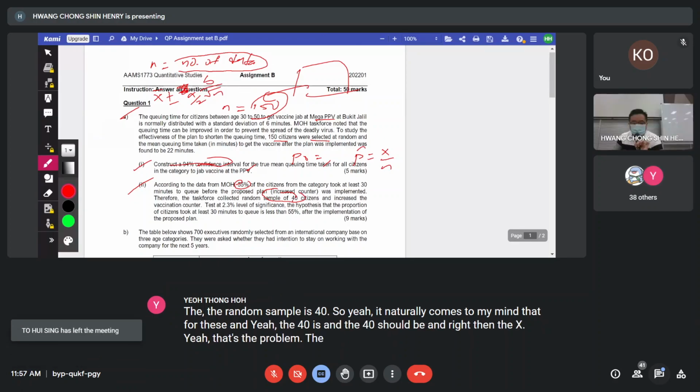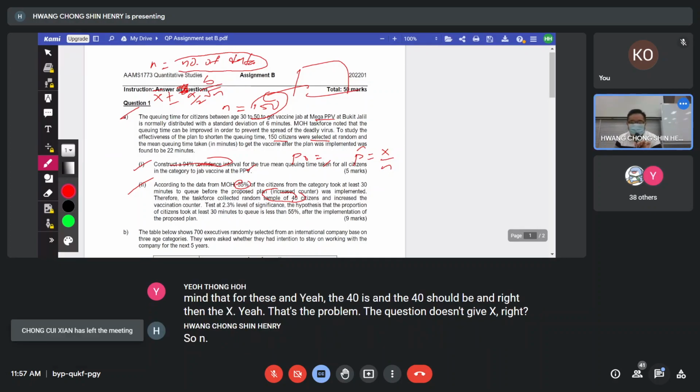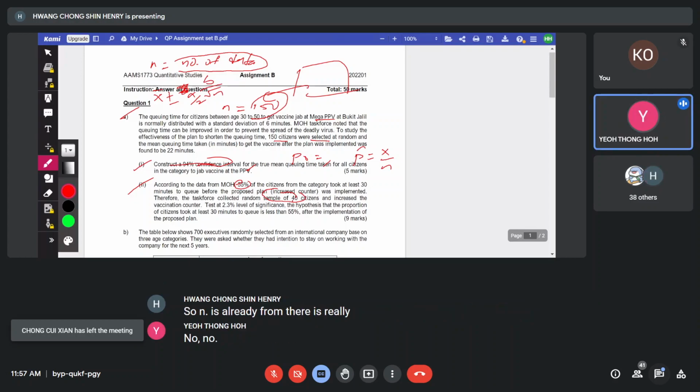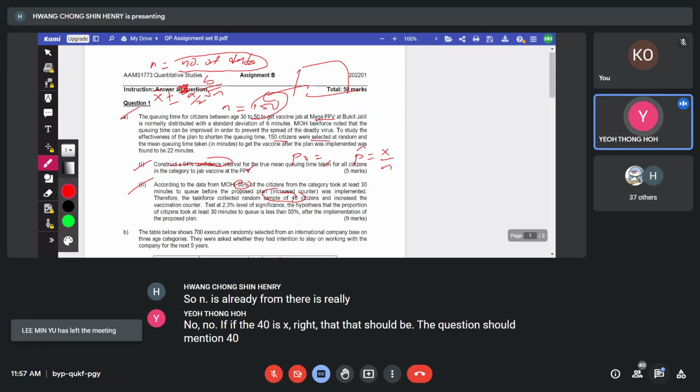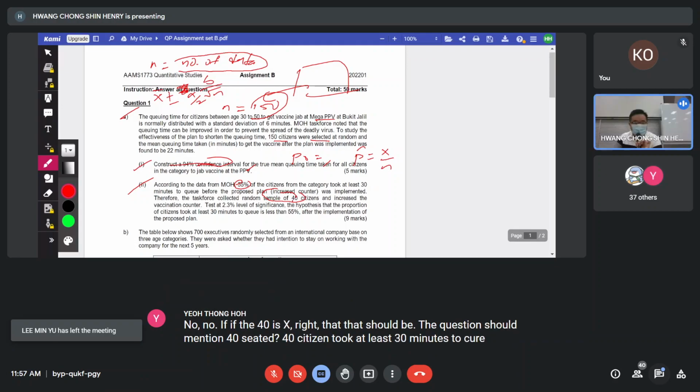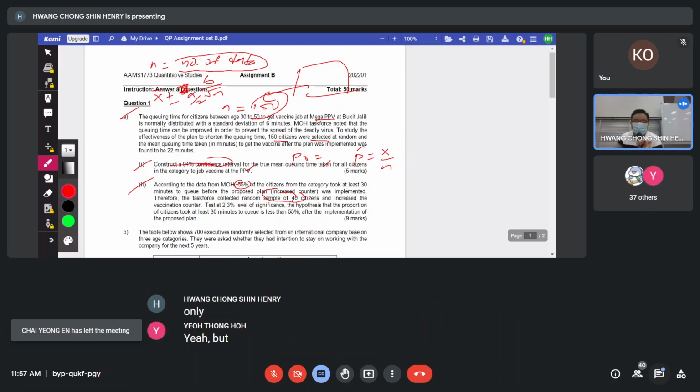Yeah, that's the problem. The question doesn't give X, right? X is a sample. So what's your N? If the 40 is X, the question should mention 40 citizens took at least 30 minutes to queue, right? Oh, you mean part A? Yeah, but no, I mean part B has extra information given here.